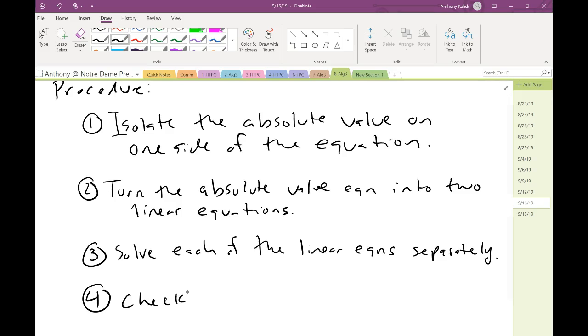So again, the idea here is we're going to isolate the absolute value. We're going to split the absolute value equation then into two linear equations. We'll solve each of those two linear equations separately, and then we'll check our answer, or answers.